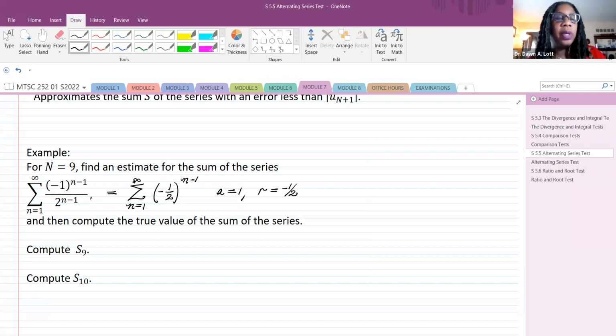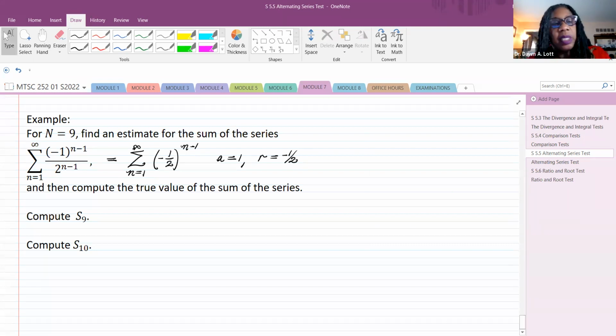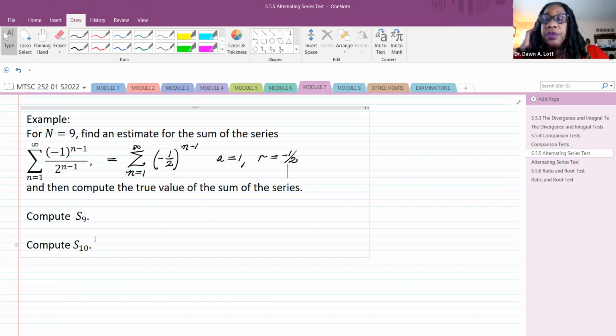Why do I know that this series is going to converge? What is the condition for the geometric series to converge?